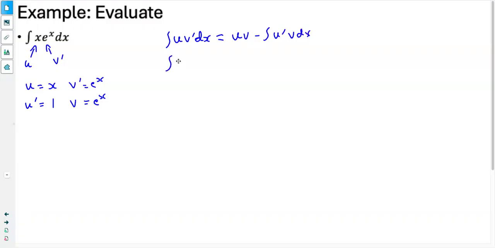So in this case, our integral of x e to the x dx is equal to uv. So we have u as x, v is e to the x, minus our integral of u prime, which is 1, times v, which is e to the x.